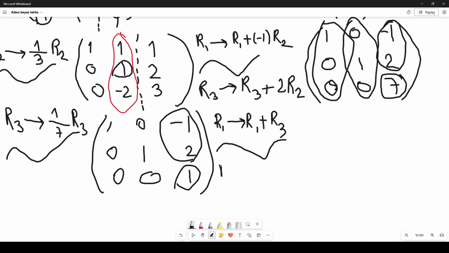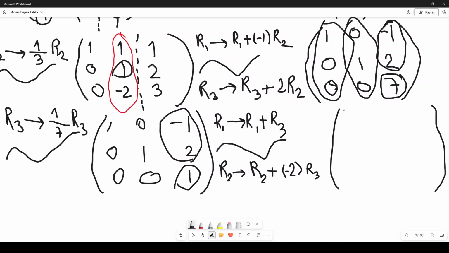And for row R2, in a similar manner, I replace row number 2 by adding itself to minus 2 times R3, right? If I multiply row number 3 by minus 2 and add it to row 2, I get 0 here. So the final matrix will be this, right? Let's write it.